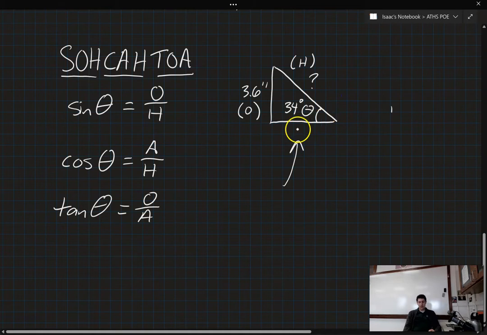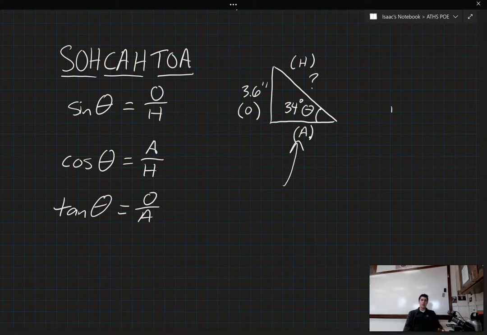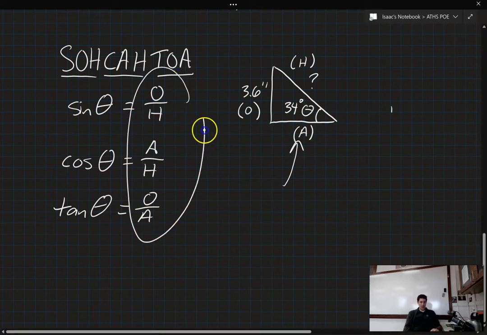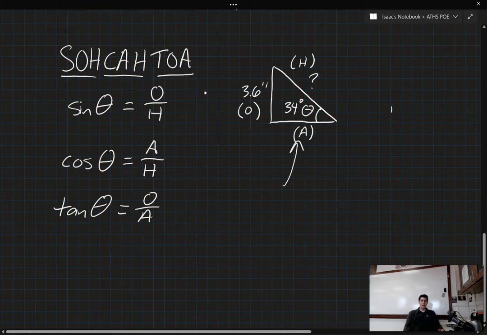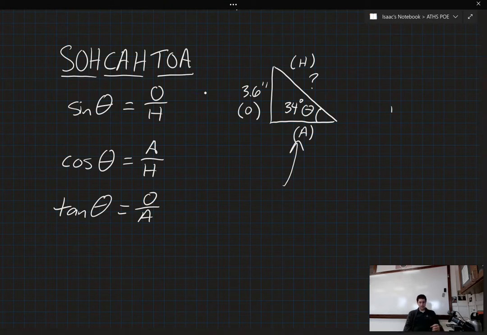It's next to the angle, and so we call that the adjacent side. So every right triangle that we deal with is going to have these three names: opposite, adjacent, and hypotenuse. And if you look at our SOHCAHTOA equations, you'll see those three words written in there for each one. So depending on what information we're given in a problem, we're going to use either sine, cosine, or tangent.